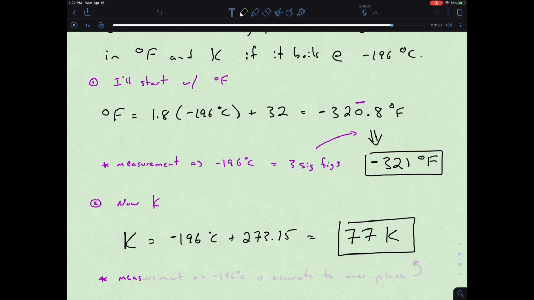The measurement here, the negative 196, is accurate to the ones place. And that's what we see in our actual answer. So remember, they're different if you're talking about multiplication, division versus addition, subtraction, right? So I'm just trying to reemphasize that idea with the accuracy of the measurements. And that's temperature conversions.